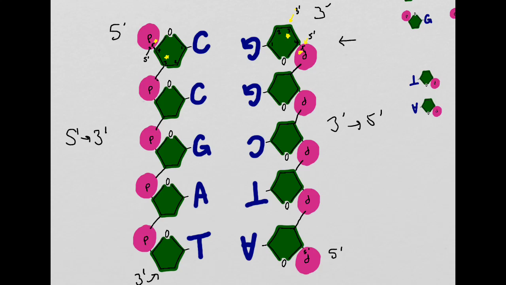So it really doesn't have to do with up or down or left or right. It has to do with the orientation of the carbons or of the sugar, and therefore which carbons are leading the strand and ending the strand. So make sure you're able to see that in different orientations.